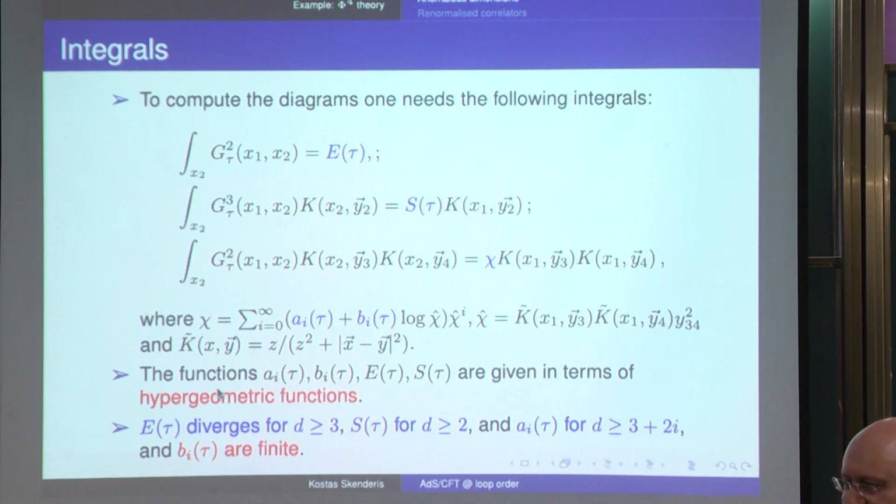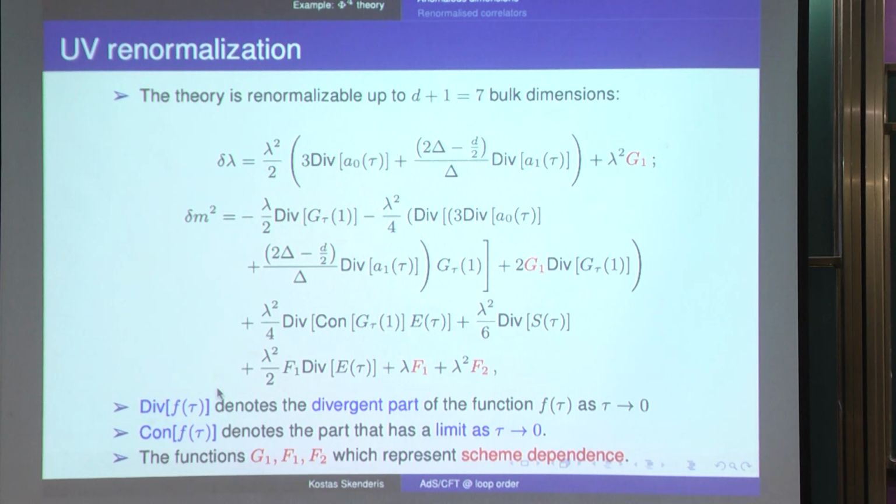There will be divergent integrals in the IR that would appear in the next slide. And when you do the subtractions, there are also these red pieces, which are finite terms you can add when you do the subtraction, which parameterize the scheme dependence. So this is what I called Sj earlier on, these functions f1, f2, g1.